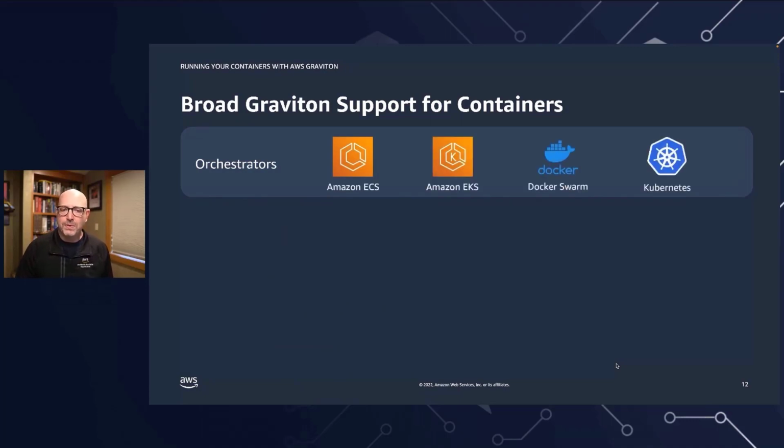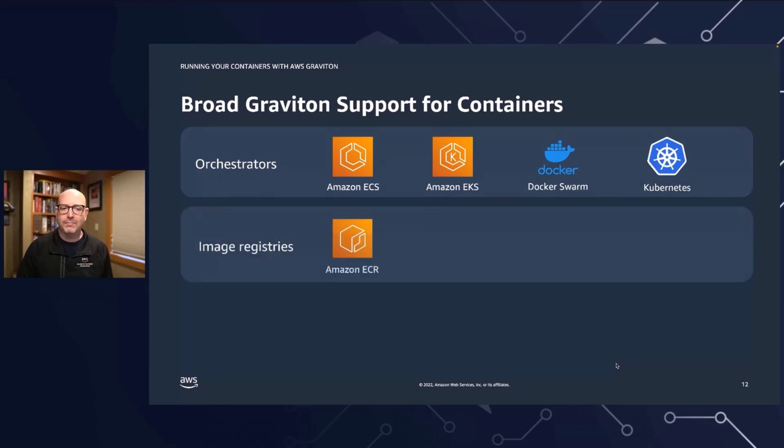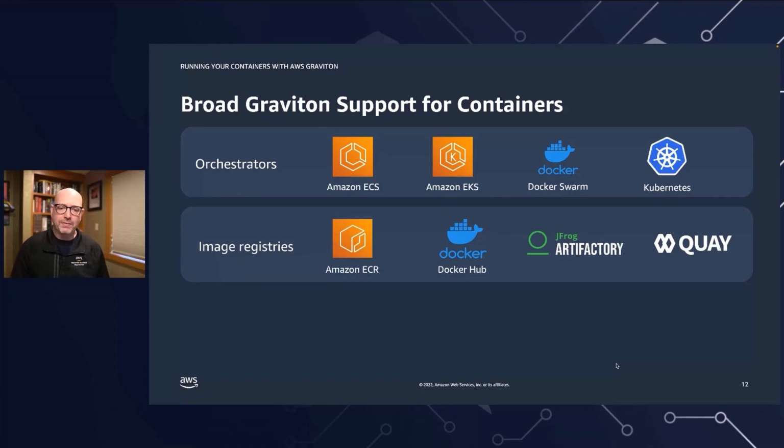All major orchestrators support Graviton, including Amazon ECS, Amazon EKS, Docker Swarm, and Kubernetes. All major image registries support Graviton as well, including Amazon ECR, Docker Hub, Artifactory, and Quay.